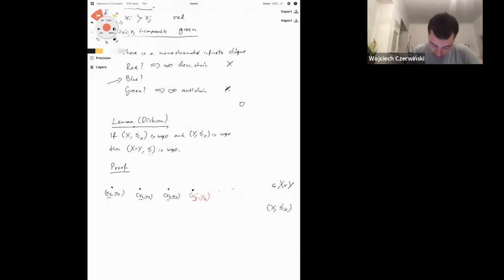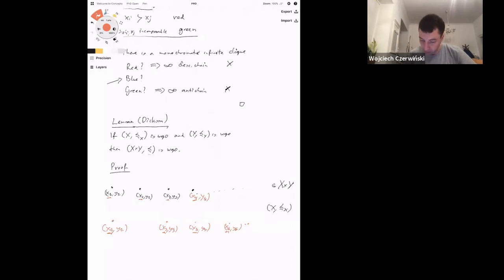So we can extract out of that sequence (x1, y1), then maybe (x3, y3), (x4, y4), (x6, y6), and so on, an infinite one, such that it's growing on this first coordinate. It's a sequence of dominations. Okay?